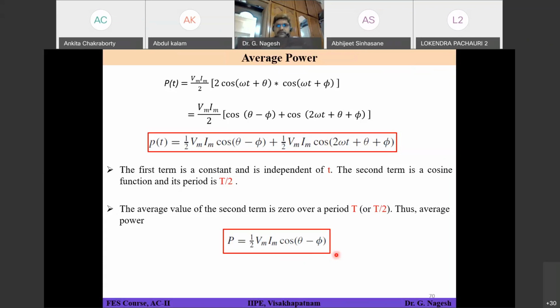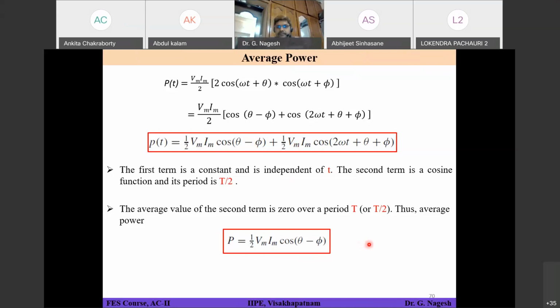For general voltage and current time domain functions, the instantaneous power expression has two terms, and its average value is Vm Im by 2 into cos of theta minus phi.